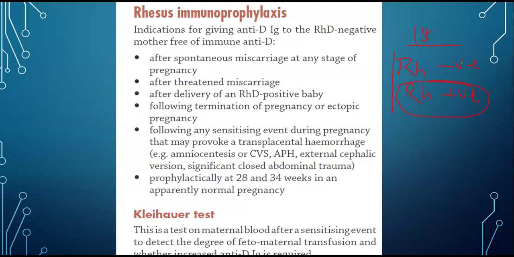So the mother's body will make an antibody against this. So now after the first delivery, the mother has an antibody against RH positive blood group.